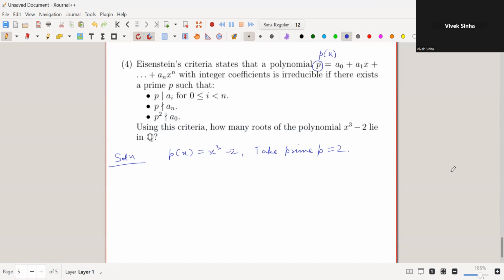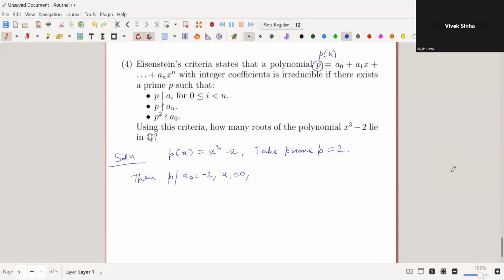We are overusing the notation, denoting the polynomial with p and also the prime with p. So you can correct here that it's p(x). So take prime p equal to 2, then of course p divides a naught, that is minus 2, and a1 to an minus 1. Oh, sorry. Here an minus 1 is nothing but a2.